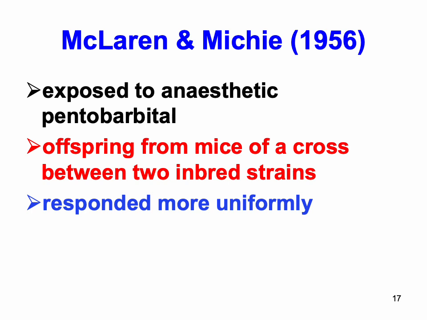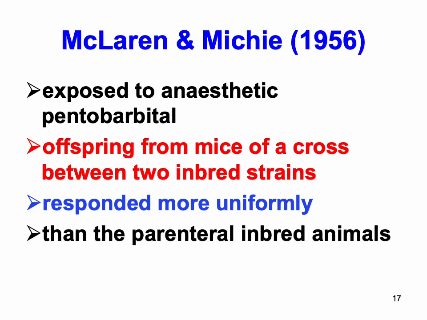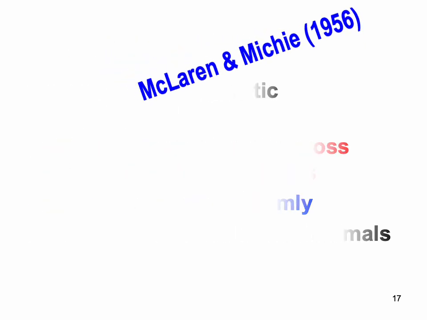So the crossing showed a more uniform biological answer than the parental inbred animals.